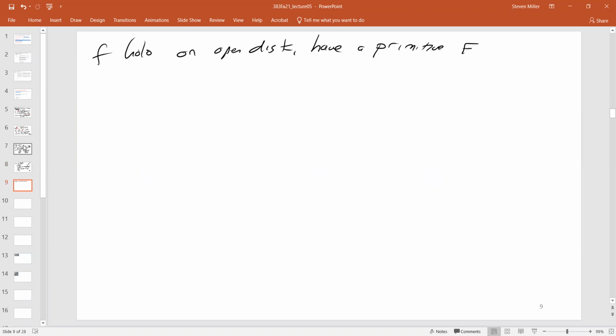So two things to note here. First, the primitive big F is defined constructively. Do you think there could be another primitive that works? What would that other primitive be? How would it differ? Yeah, plus a constant. It should be unique up to a constant.